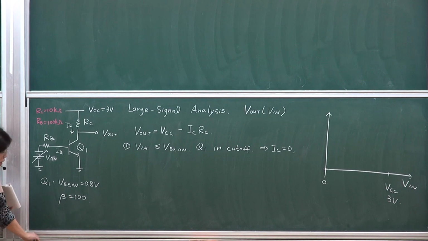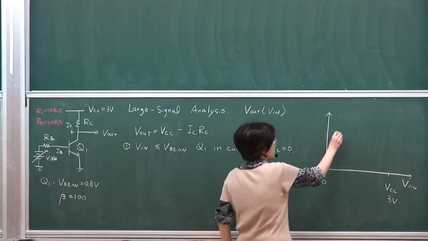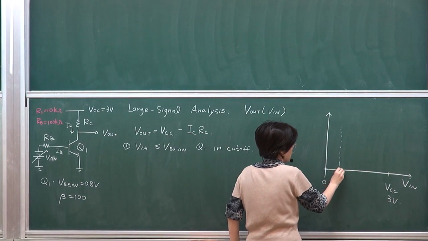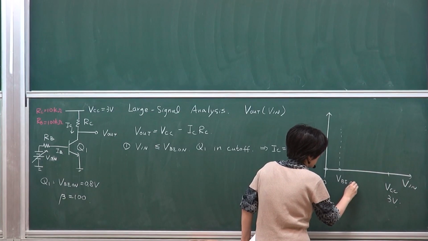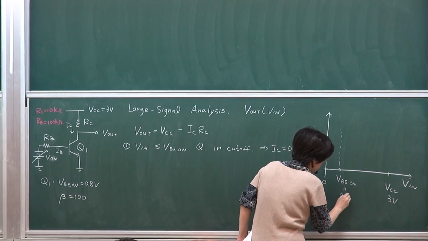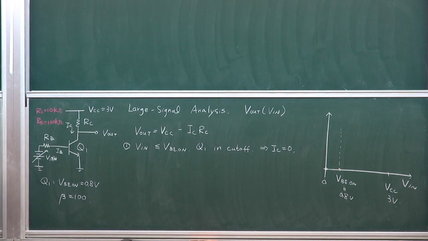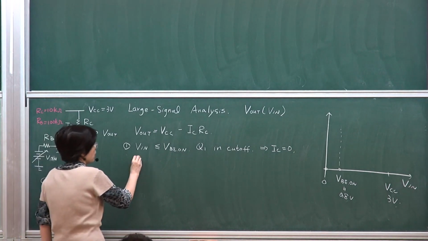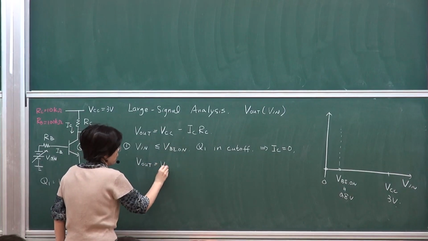As I said, when you're in region 1, Vin is smaller than VBE, which is 0.8 volt. So when your input is lower than 0.8 volts, we assume that the current equals 0, therefore output equals what? VCC, correct?